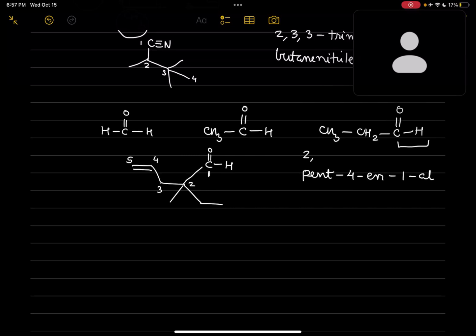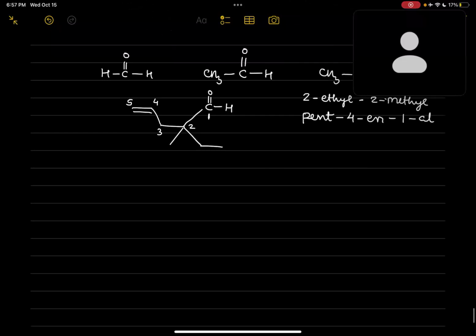I can't write them together because they are different. If they are all methyl, I can club them. So 2-ethyl, 2-methyl, pent-4-en-1-al. Is it clear?